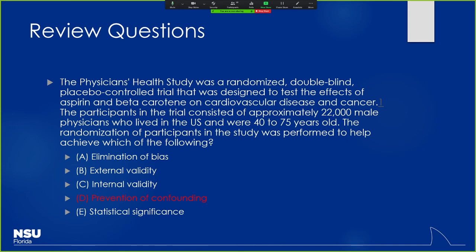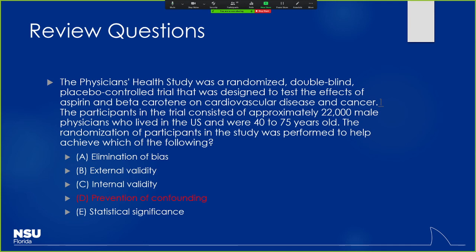So probably not, because having that qualifier of just males means it doesn't necessarily apply to females. Having that qualifier that it's just physicians implies that maybe they are more likely to have healthful habits. Perhaps not always the case, but there are certain biases that can be introduced with that. Even if you did randomize, you couldn't eliminate all types of bias. So in that case, I would probably not consider this to be very generalizable, and thus the external validity is not great for this type of study, right?